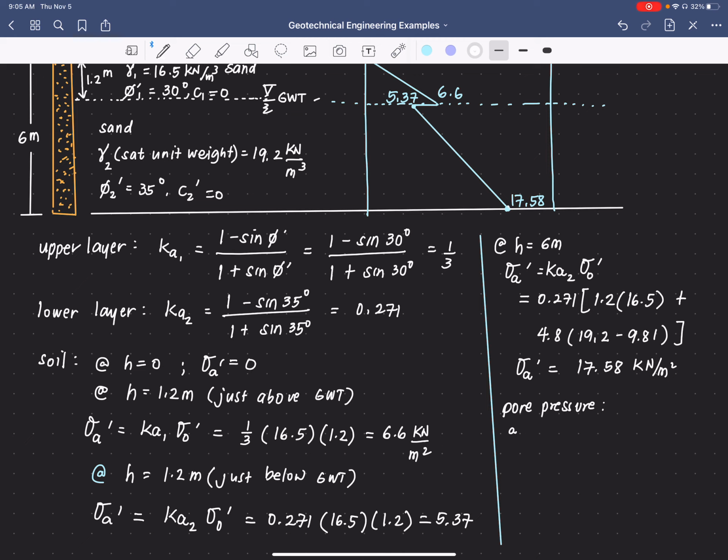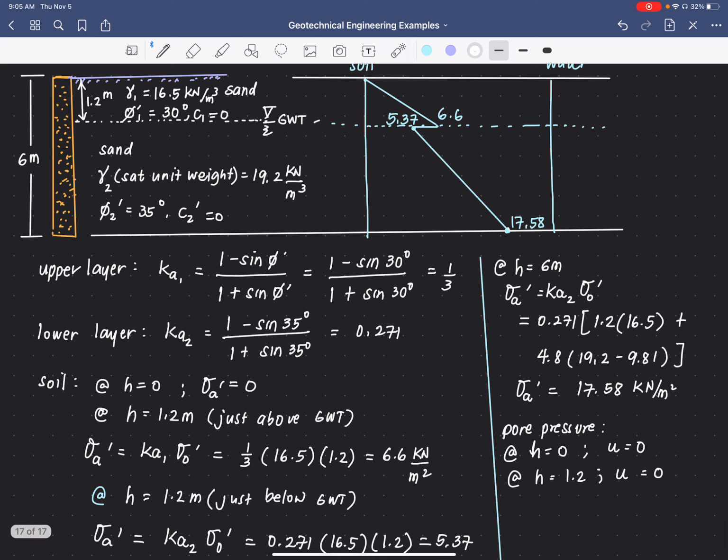We have at H is equal to 0, our pore pressure is also equal to 0. Then at H equals 1.2, our pore pressure would still be 0. So this will just be simply a straight line. Okay, so it's still 0.